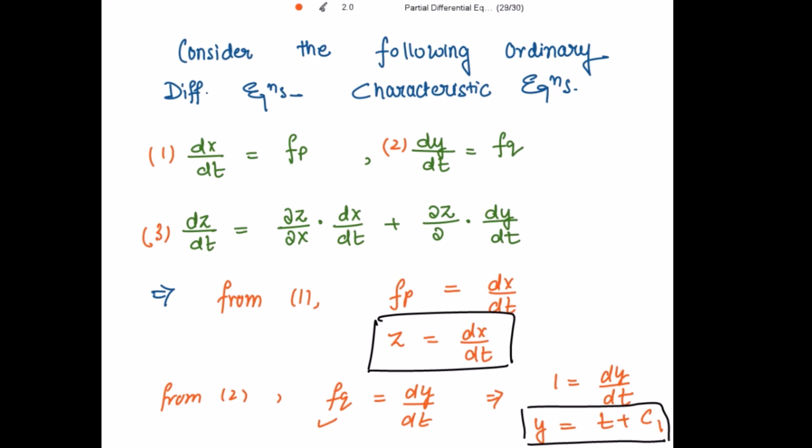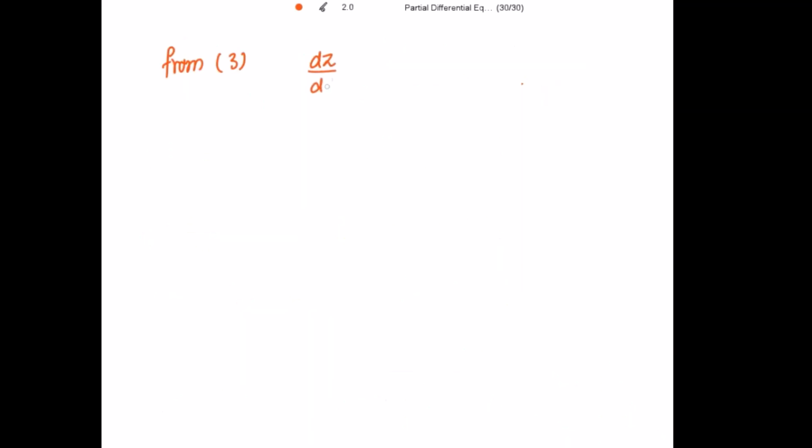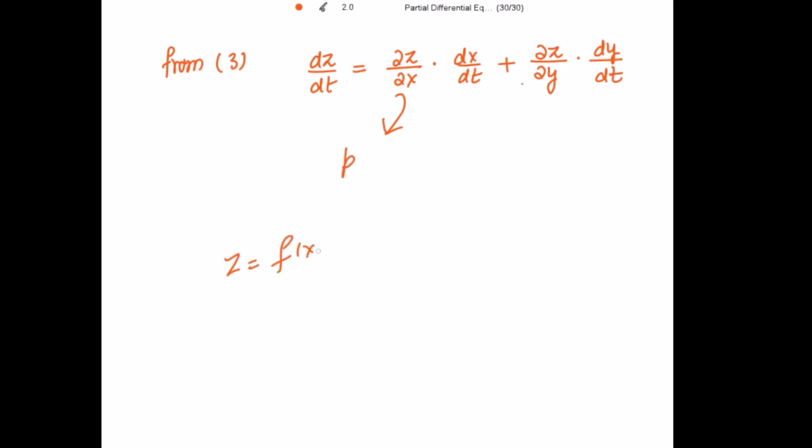And from the third equation we get dz by dt to be equal to partial derivative of z with respect to x into dx by dt plus partial derivative of z with respect to y into dy by dt. We know that the notation for partial derivative of z with respect to x is p, because z is a function of x and y, right? So partial derivative of z with respect to x is always equal to p.